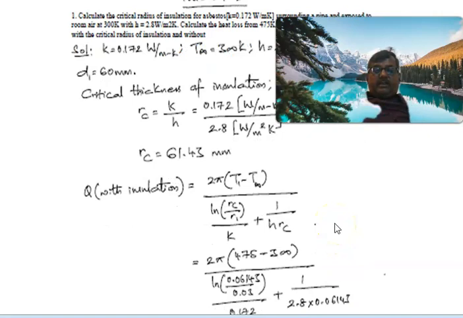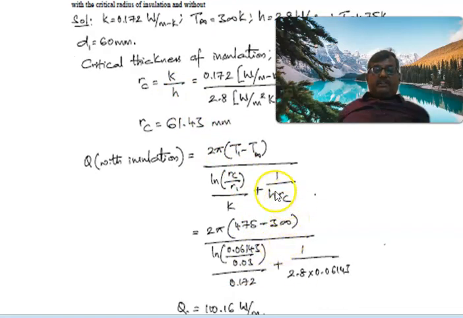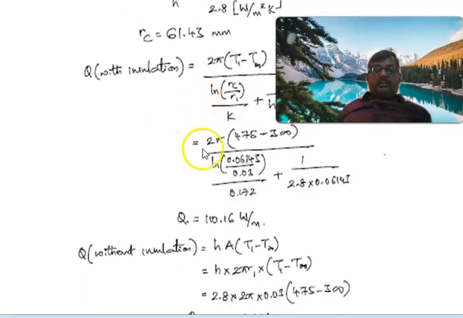T1 value is known, the ambient value is also known, the Rc value we have found here, and the R1 value we know already. So I am substituting these values. The h value is given in the problem, and the thermal conductivity is also known.